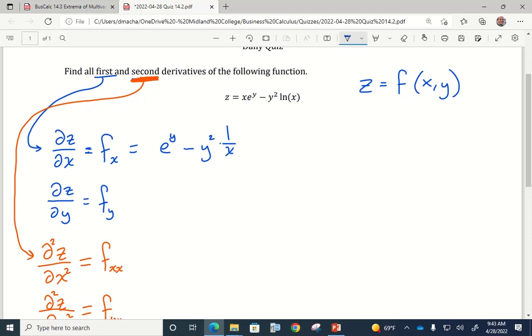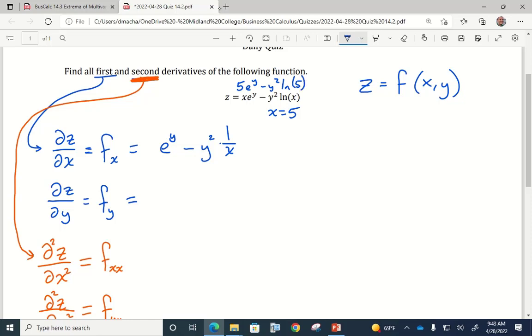Whenever we're taking the derivative with respect to y now, we're going to start from the same function, but we're going to pretend that x is a constant. Like if we just pretend that x is equal to 5 for a moment, this equation would be 5 times e to the y minus y squared natural log of 5. And so natural log of 5 is also just a constant.